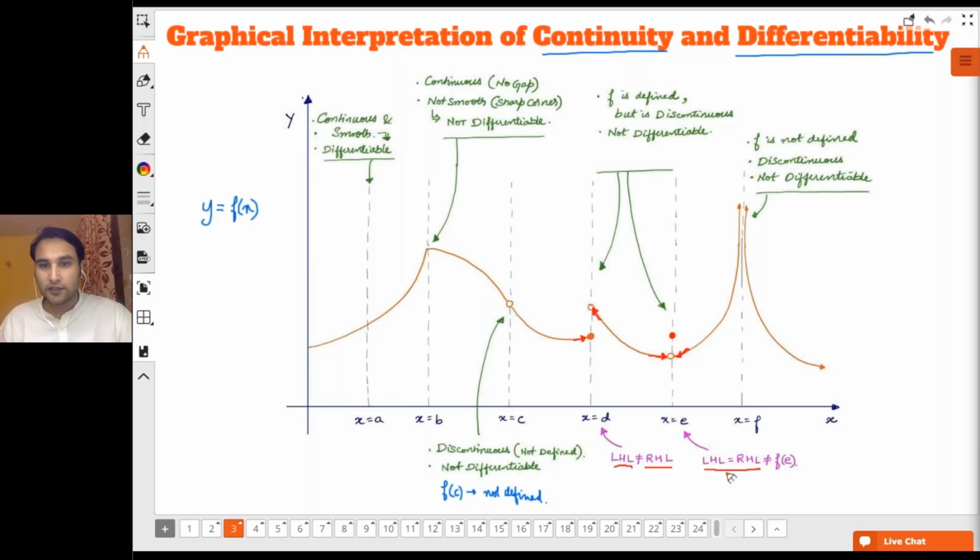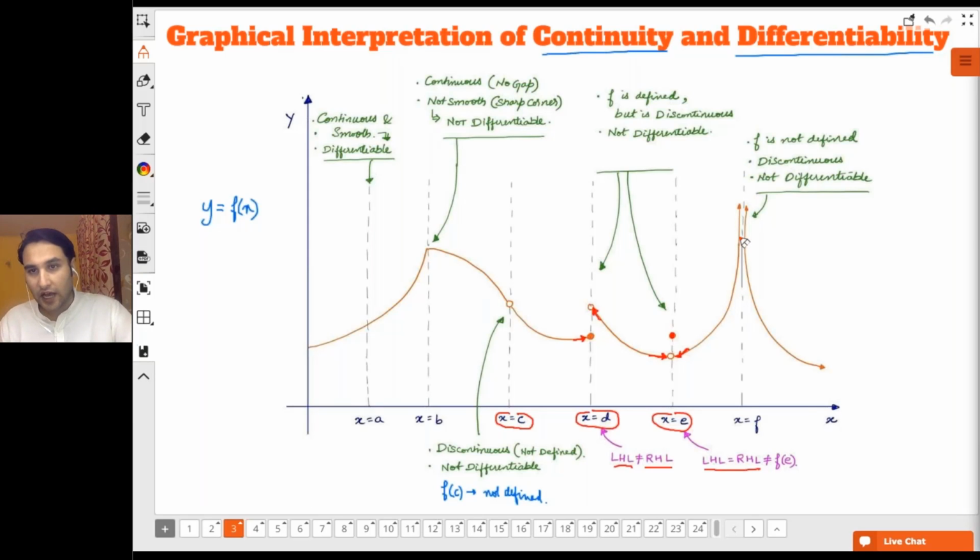Okay, cool. So what are the points where the function is discontinuous? Here it is discontinuous. At C it is discontinuous. At D it is discontinuous. And at E it is discontinuous. And look at this F. At x is equal to F, the function is not defined.